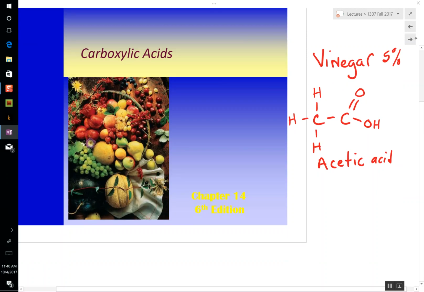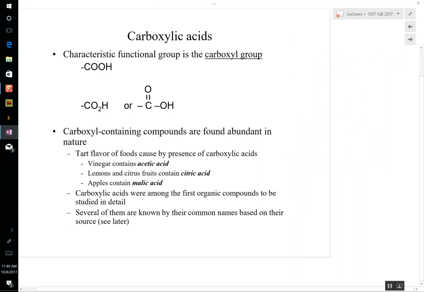And so you're seeing this carboxyl group. You probably won't see it written that way. You'll see it written that way more commonly. You rarely see it that way.